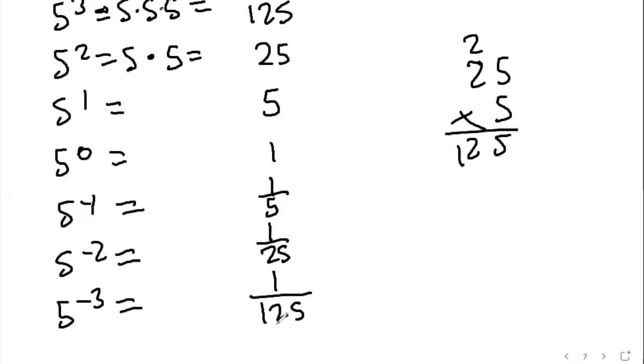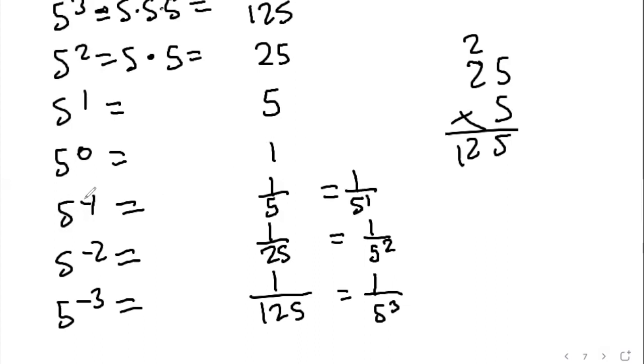Notice that 125 is just 5 cubed. So I could write this as 1 over 5 cubed. And 25, that's just 5 squared. So I could write this as 1 over 5 squared. And 5, I could even technically write as 5 to the first power. So that's just 1 over 5 to the first power.